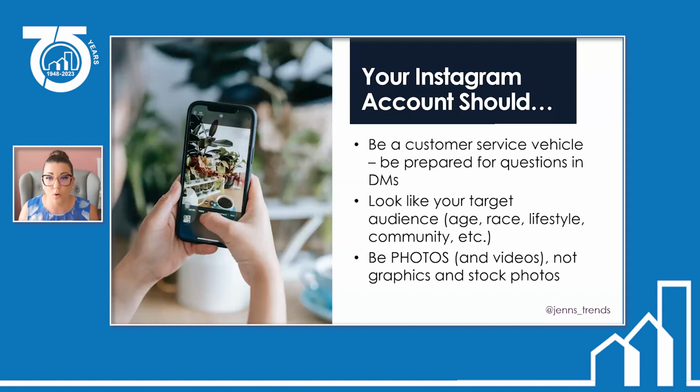And you want your content to reflect the community that you serve. If you are targeting those customers who are spending $5+ million on a home, your content and your account should look like it. If you are going after the clients in that $750,000 to $1.2 million range, your content should look like that. You want to make sure that you're targeting that ideal audience and that your messaging is consistent with who you are attracting as your buyers and sellers.